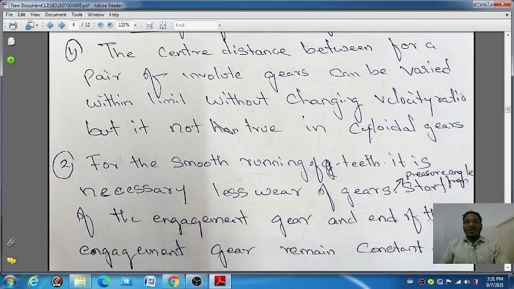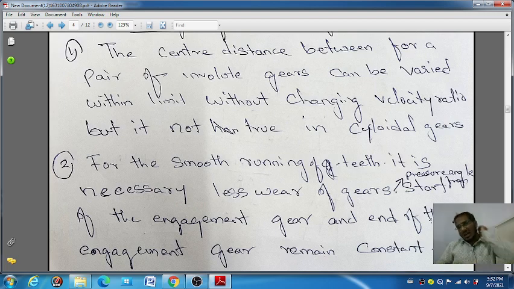The next is that for smooth running, the teeth must have less wear. If you want to run the gears smoothly without noise, you have to manufacture them for less wear and a consistent pressure angle.